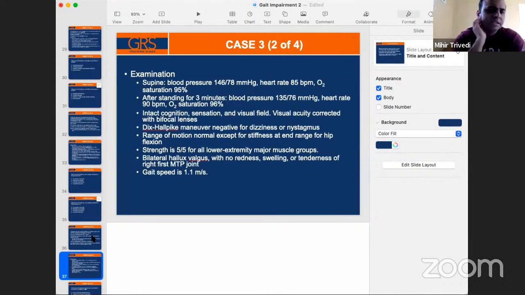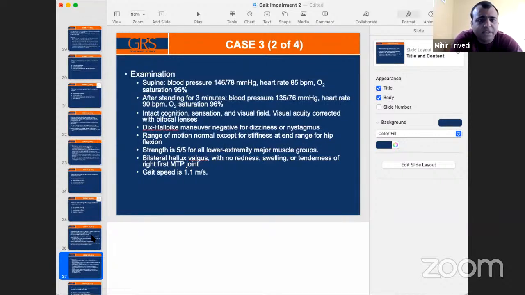Upon examination, supine blood pressure is 146/78 mmHg, heart rate 85 beats per minute, O2 saturation 95%. After standing for 3 minutes, blood pressure is 135/76 mmHg, heart rate 90 beats per minute, and O2 saturation is 96%. Cognition, sensation, and visual fields are intact.